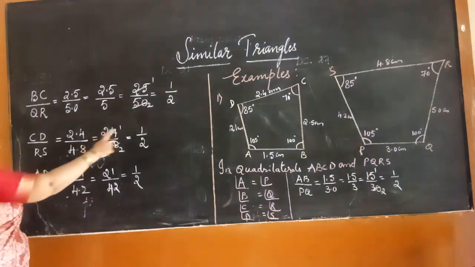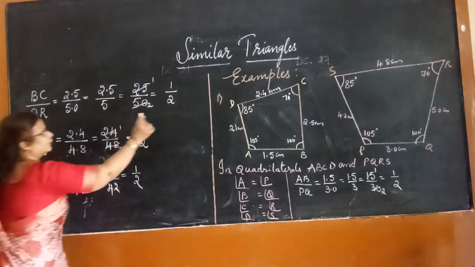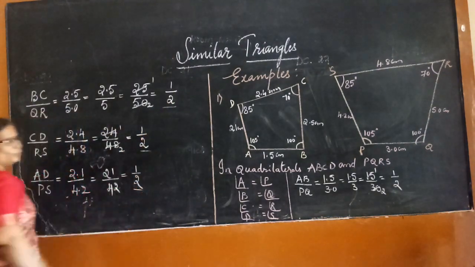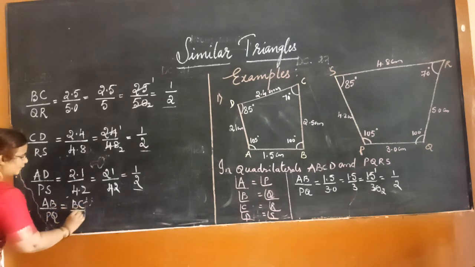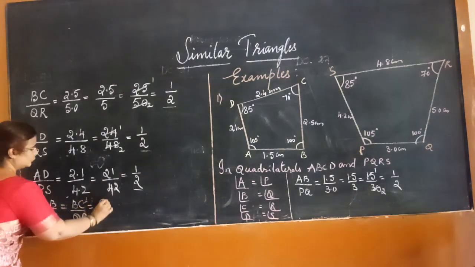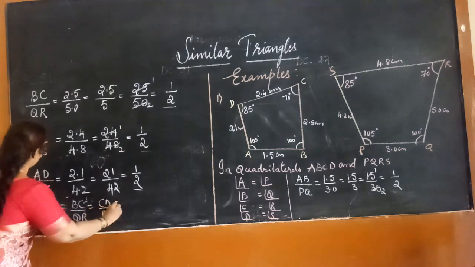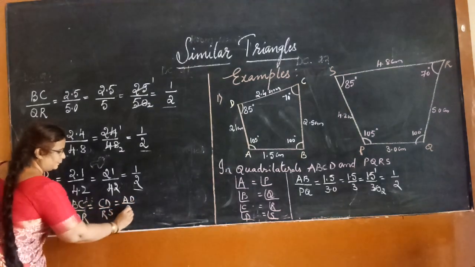Now when you compare all the ratios, all the ratios are equal to 1 by 2. I said if two ratios are equal, then we call those proportional. Therefore, AB by PQ is equal to BC by QR is equal to CD by RS is equal to AD by PS.